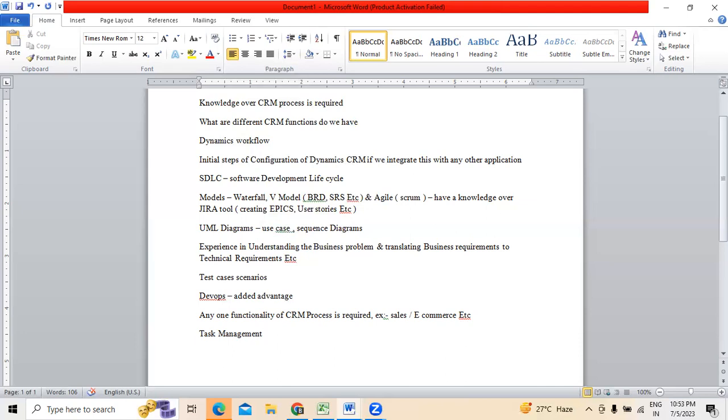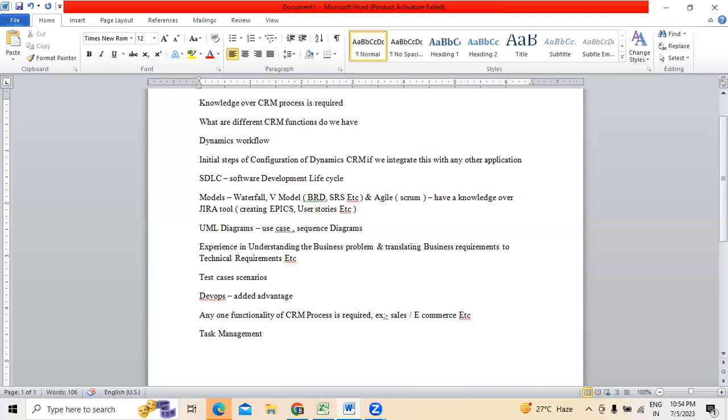Whatever I have explained so far earlier, those are all common things, so I am not going into that because those are small things: workflows, filters, right? These are all the regular activities when we are working on Dynamics. We need to have knowledge over all that. That's why I'm not writing all those points, because anyway, they are mandatory.